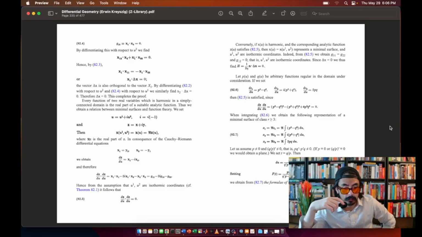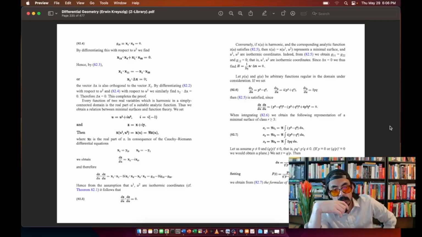Anyways, okay, so we set u equal to u1, that's a superscript 1, it's not an exponent, plus i times u superscript 2, where i is, of course, a square root of negative 1, and we introduce the typical convention of complex numbers, z equals x plus iy, where z, x, and y are vectors.